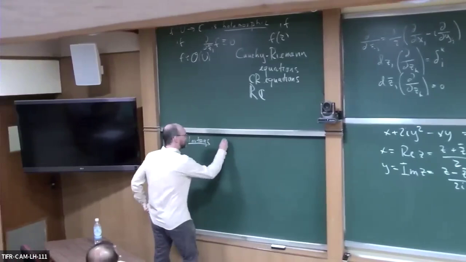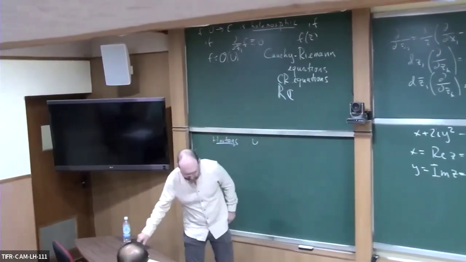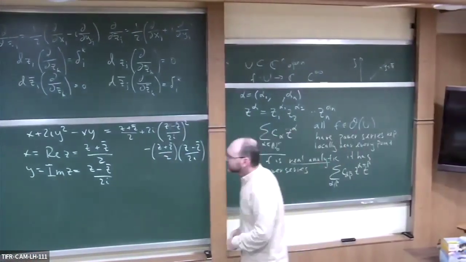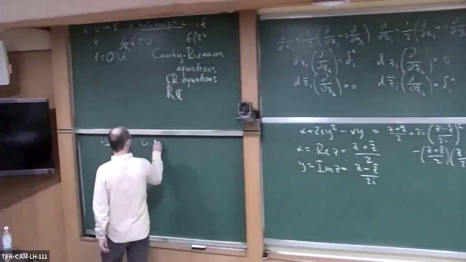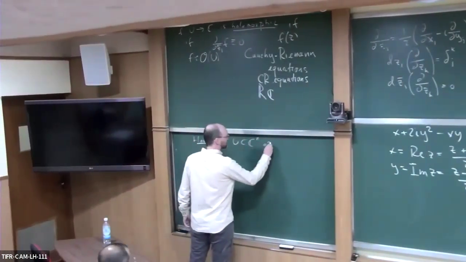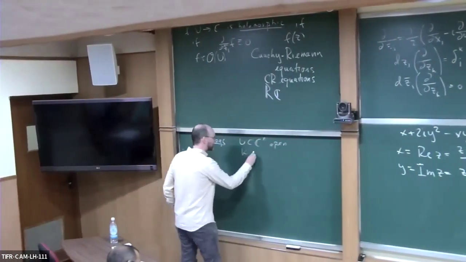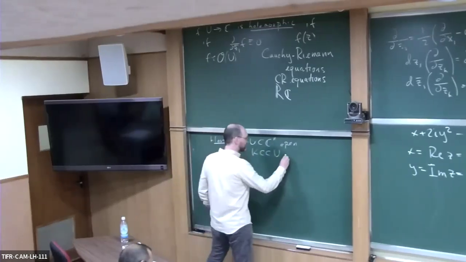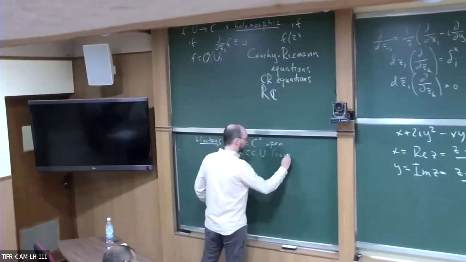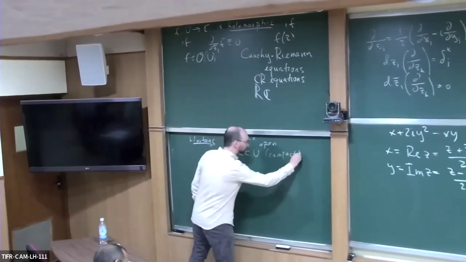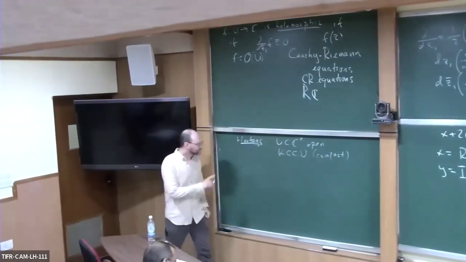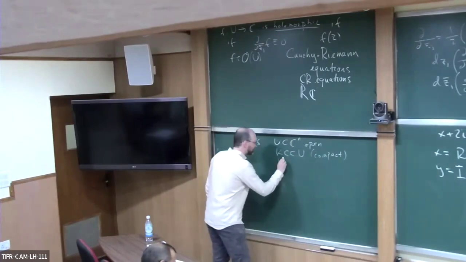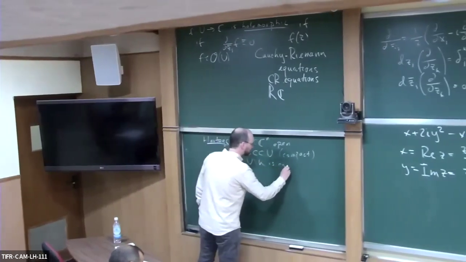So suppose that I have an open set U, and suppose that I have a compact subset K of U. Suppose we have some topology, so let's suppose that U minus K is connected.